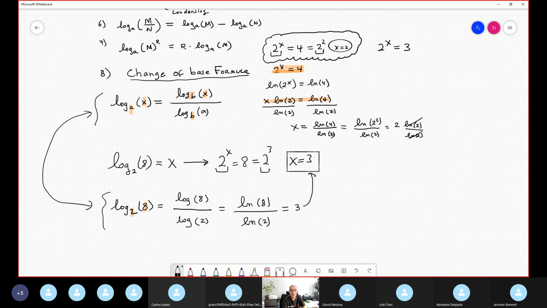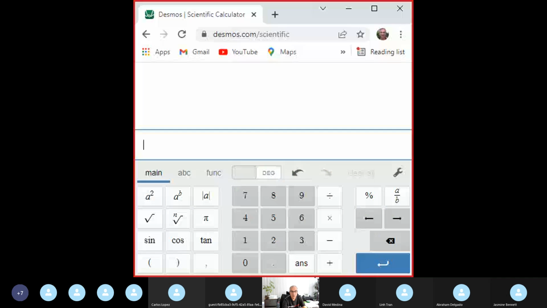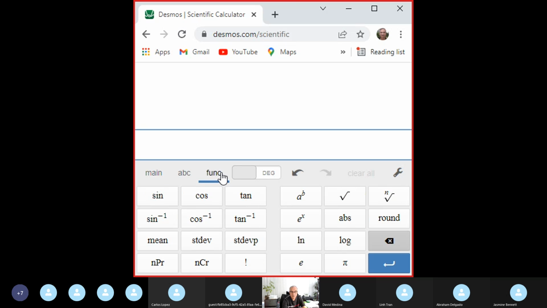Select functions, log, for example, of 8.